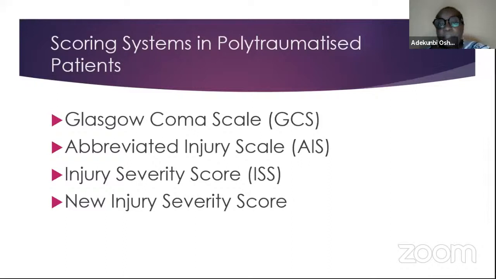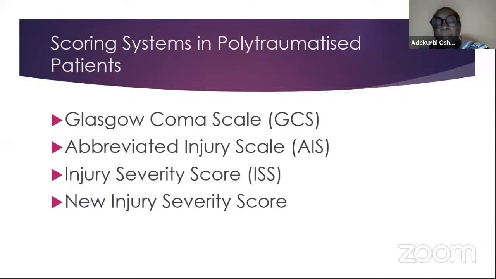Now, the abbreviated injury scale, the injury severity scale, and the new injury severity scale talk about mortality, morbidity, and also the length of hospital stay. These are used most times in orthopedics, and it involves classifying either the head, the face, the neck, the thorax, the abdomen, the spine, the upper extremity, and the lower extremity, and also the external parts of the body in this patient.